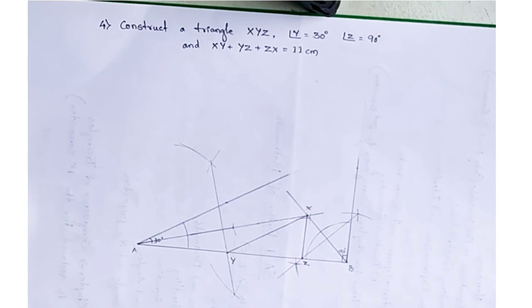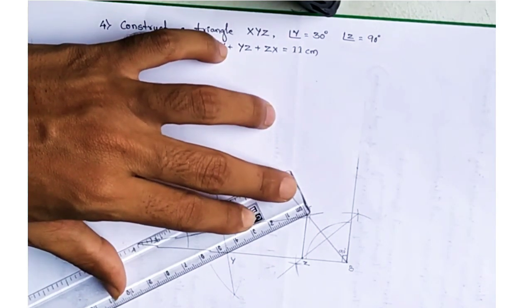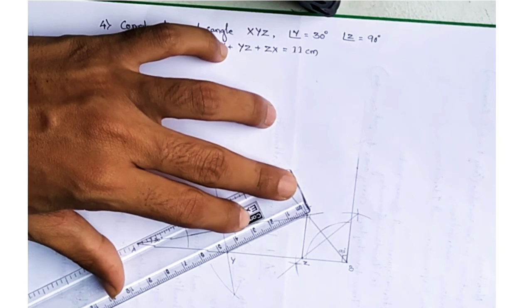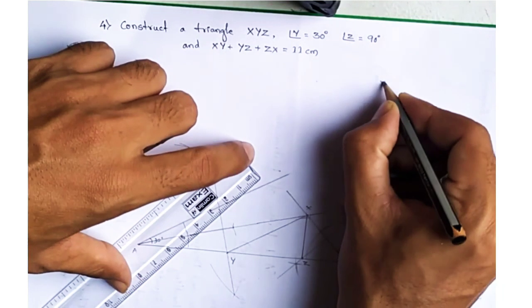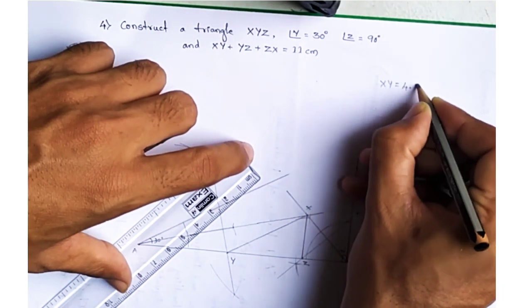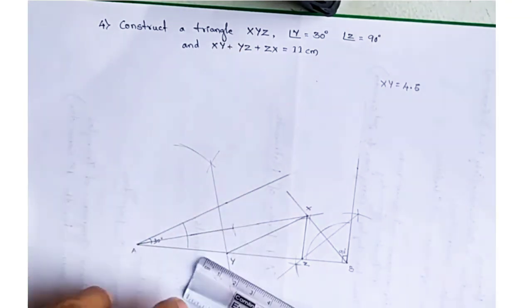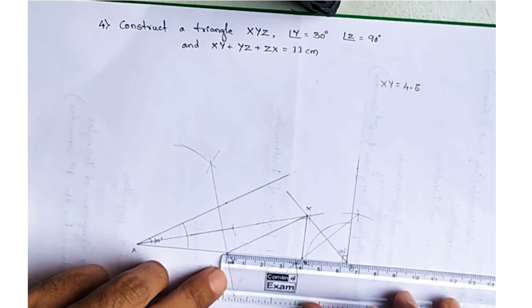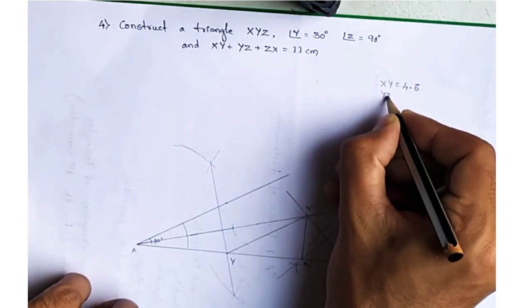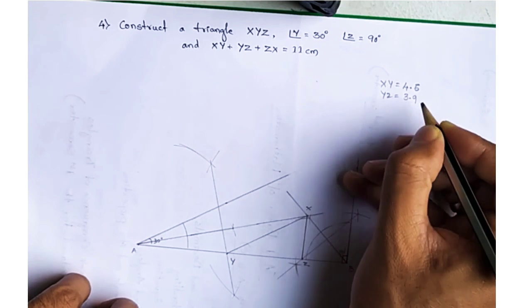How to measure this XYZ? Measure all the sides. Let's take XY first. XY, how much are we getting here? 4.6. XY equal to 4.6. Next YZ, how much are we getting here? Exactly 3.9. YZ equal to 3.9.